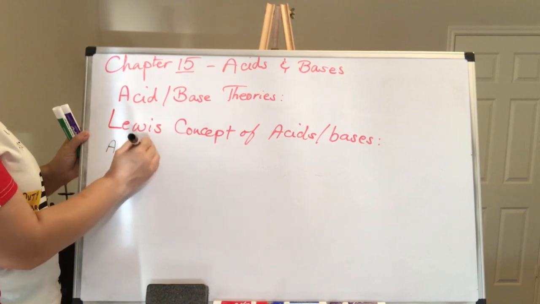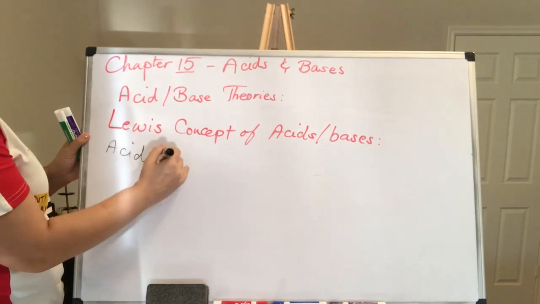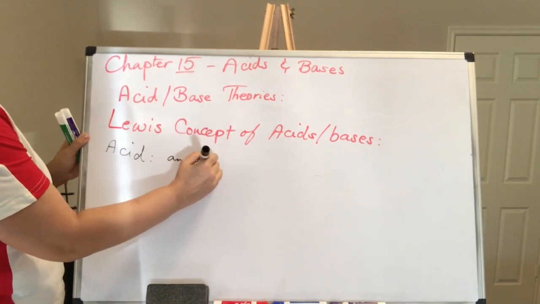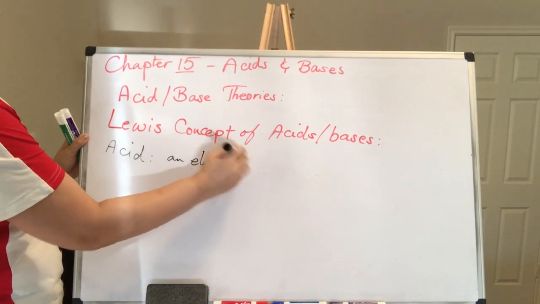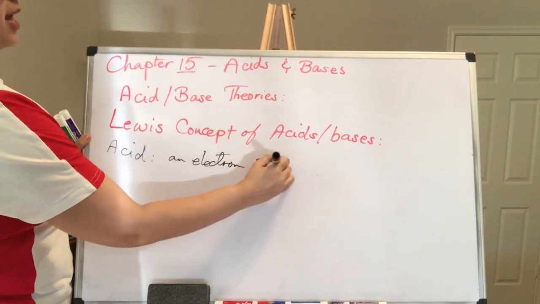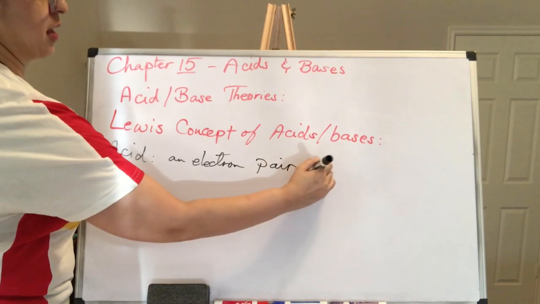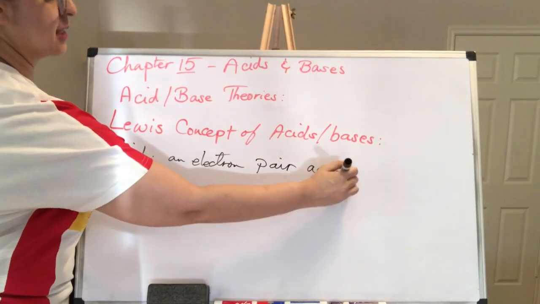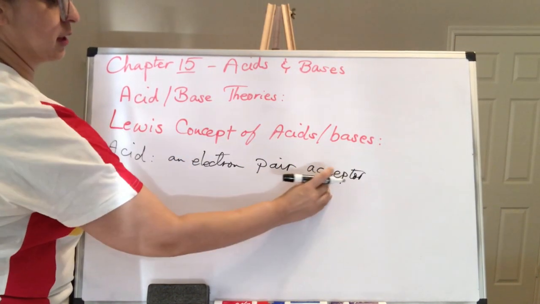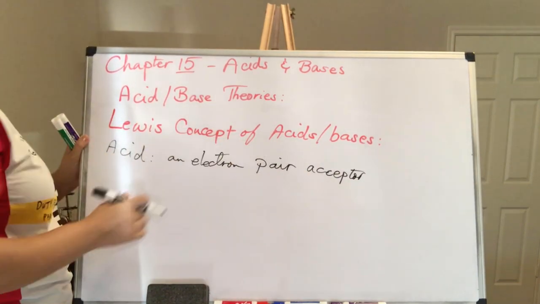According to this theory, an acid is an electron pair, the whole pair, not just one single electron, acceptor. Learn it. Acid, accept. In Lewis, acid, accept.